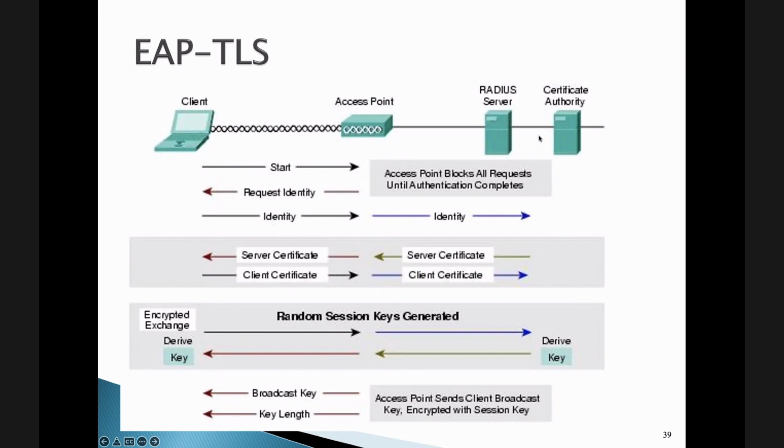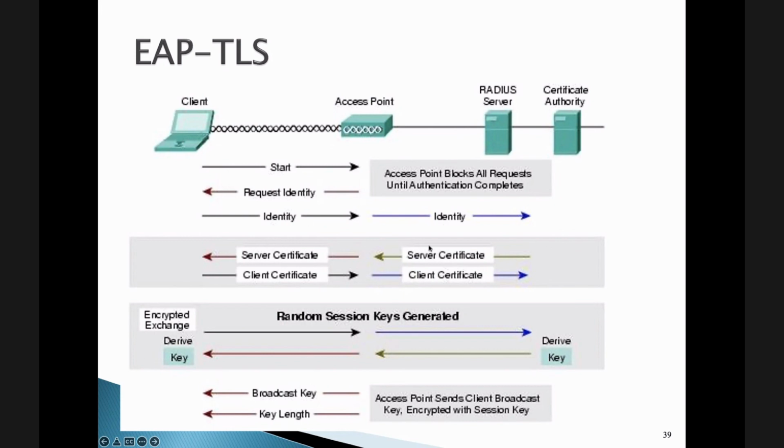Basically, these entities will help verify the identity of the laptop. After the server and the authority verify the identity, the server will send back a server certificate to the client.